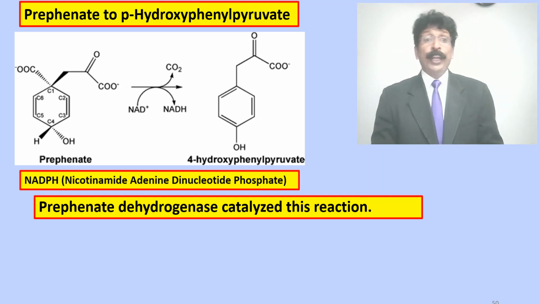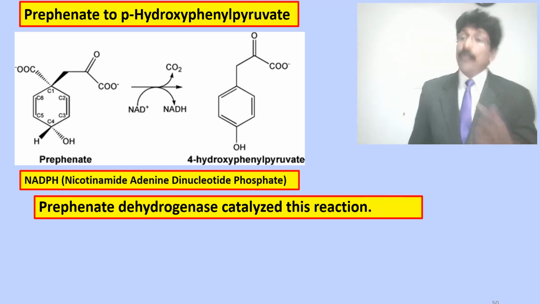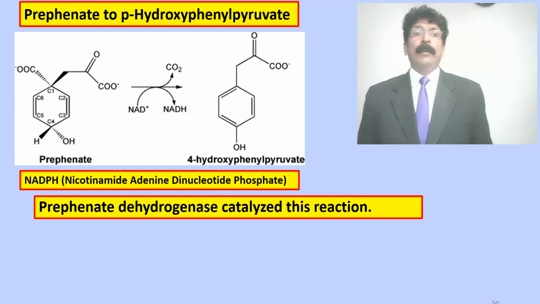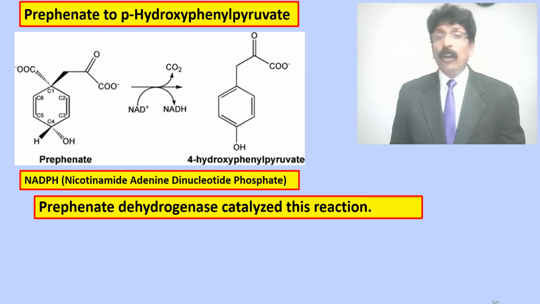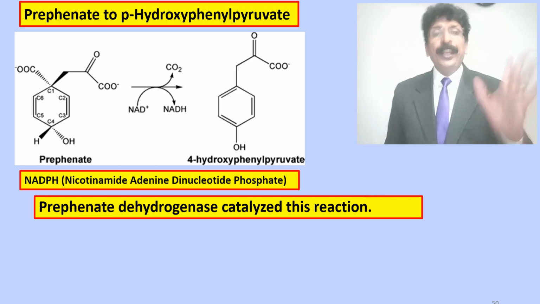So nicotinamide adenine dinucleotide phosphate or dinucleotide, which can give rise to 4-hydroxyphenylpyruvate from prephenate or prephenic acid.